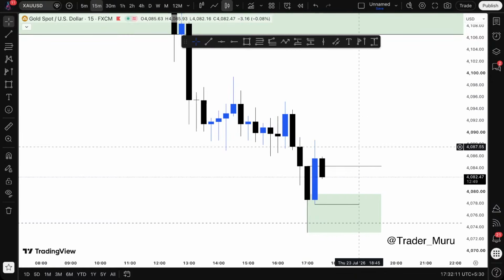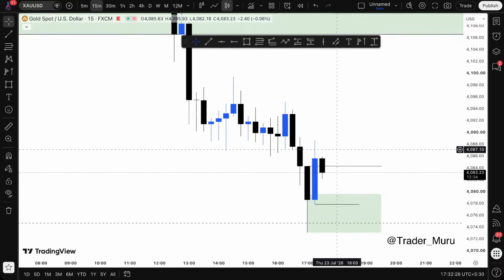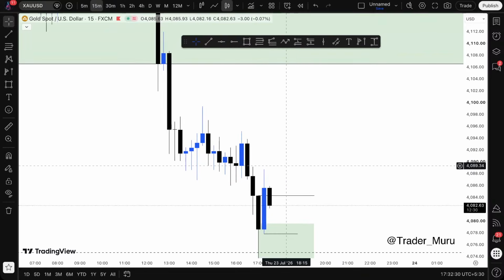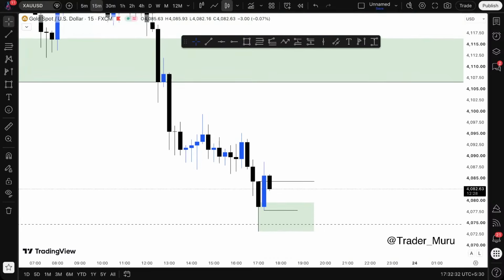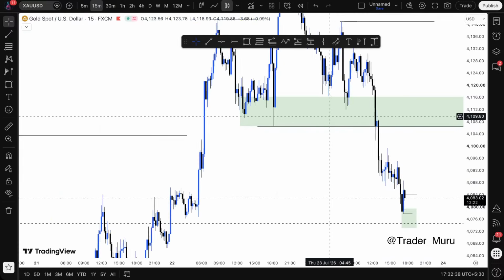News can be in favor of gold if this candle does not close below here. First pump, then if rejected, watch for short.